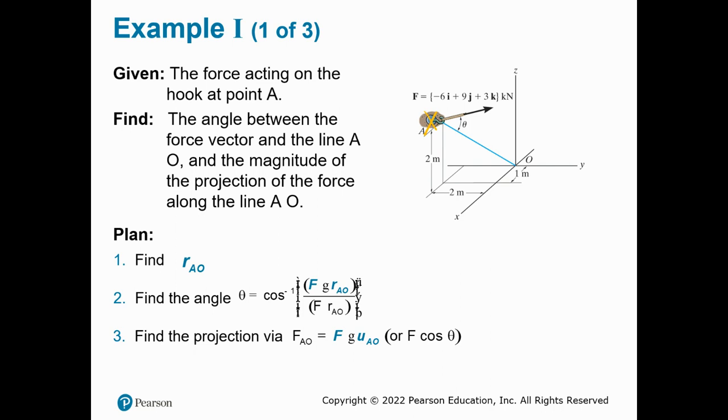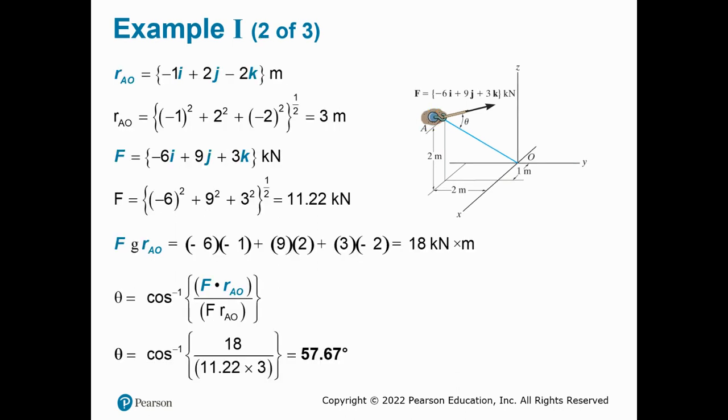Step number 1, we're going to find the position vector RAO. We know the coordinate A and we know the coordinate O, which will just be 0, 0, 0. For A, the X value is going this way, this much in the positive direction, so that's a 1.